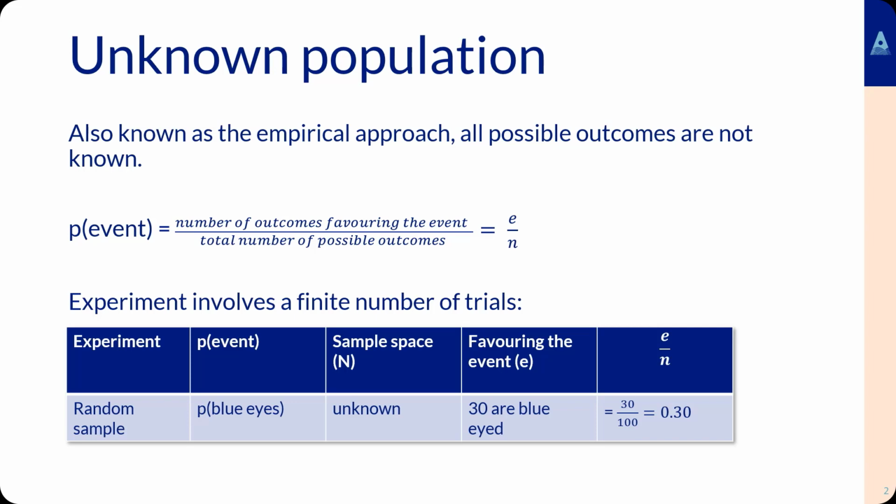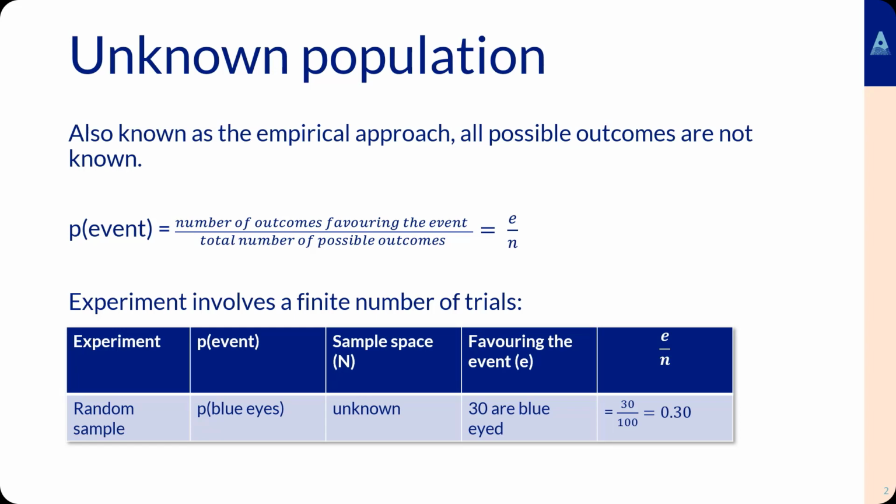So take the example of a random sample. So that's what we typically do in statistics. We don't see the whole population, we just take a small sample. So the probability, of a group of people, that a person will have blue eyes. The sample space, N, large N, the total number of people is unknown.